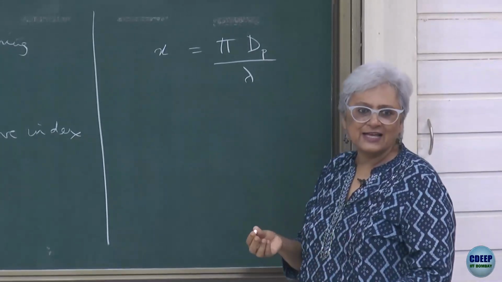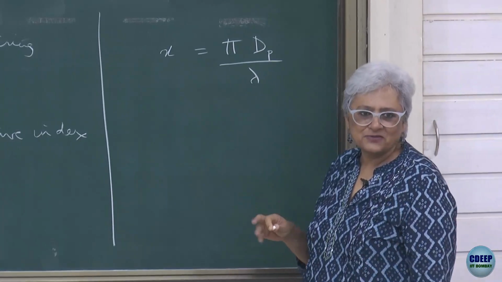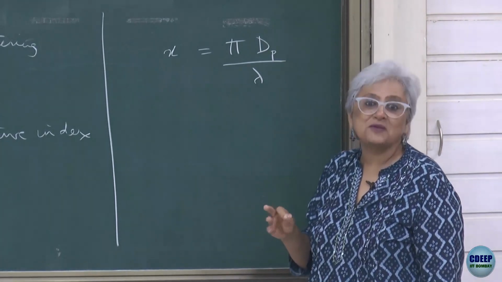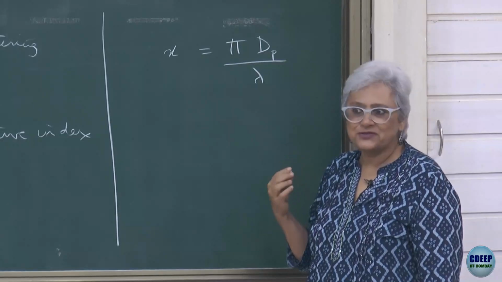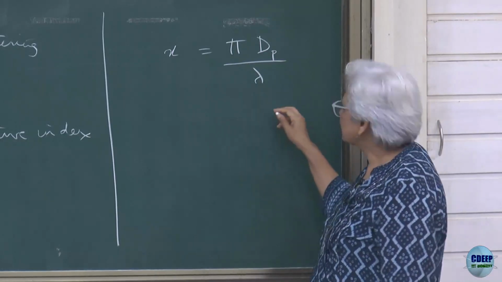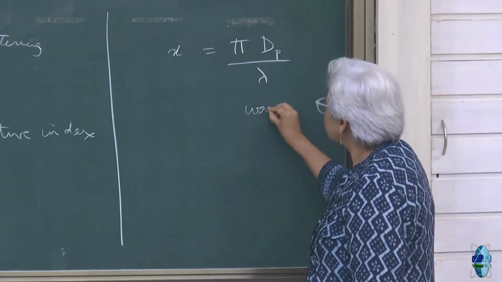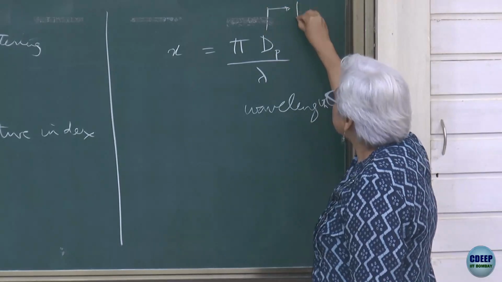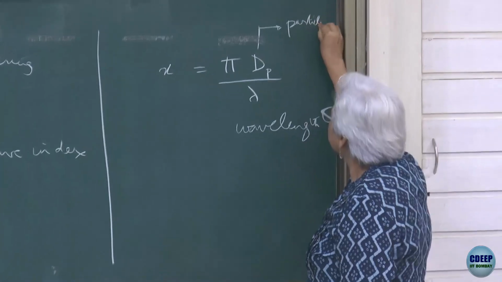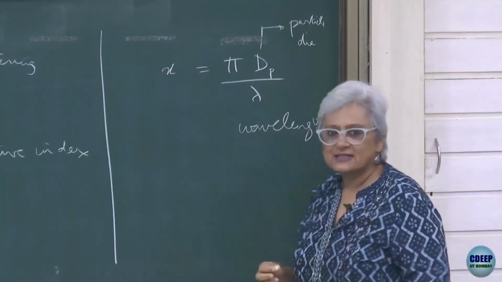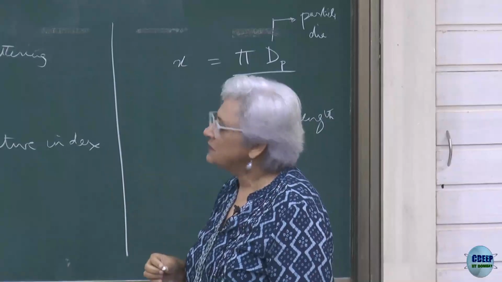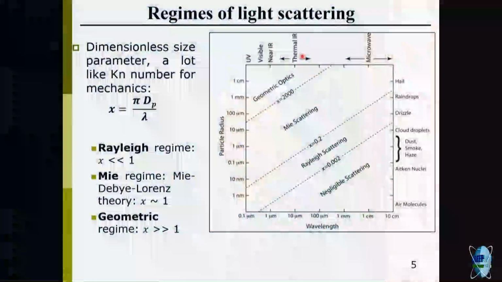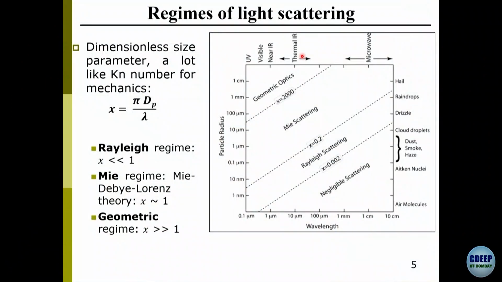So, much like we had a Knudsen number concept, where there the lambda was the mean free path, when we were talking about mechanics, here we are talking about radiation, and so here our lambda is wavelength of the radiation, and this is particle diameter, right. And therefore, we will talk about what is called Mie theory, Mie, Debye and Lorentz are all the people that are associated with it.